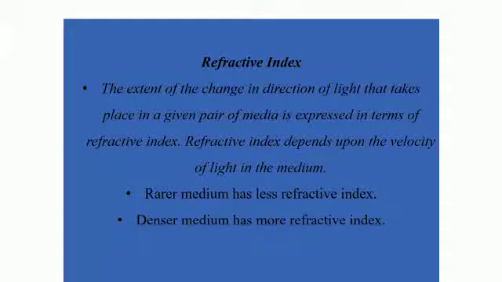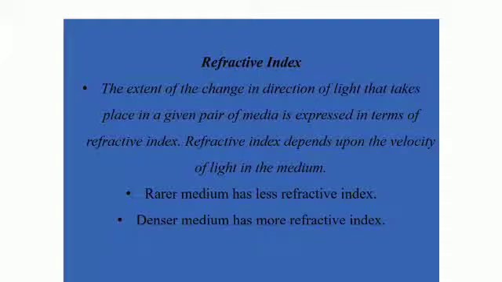So when light travels through air, the speed is more, but when it goes through water and glass, they being denser mediums, the speed of light decreases. So we say that refractive index depends upon the velocity of light in the medium. Accordingly, a rarer medium has less refractive index and a denser medium has more refractive index.